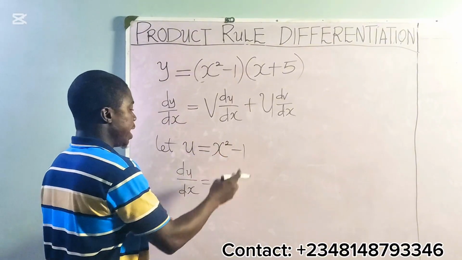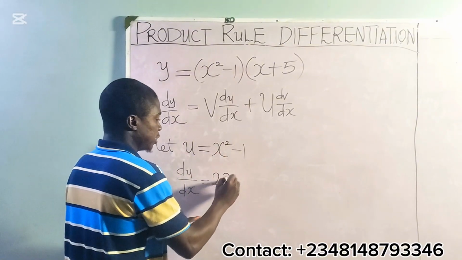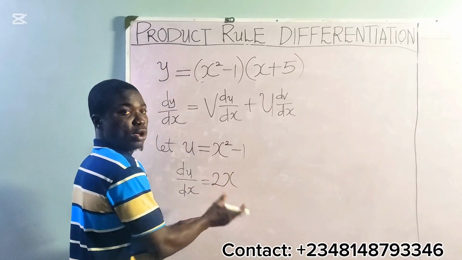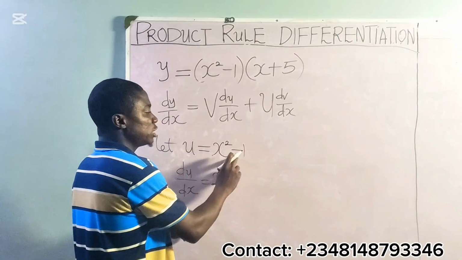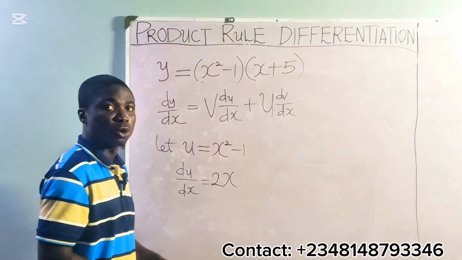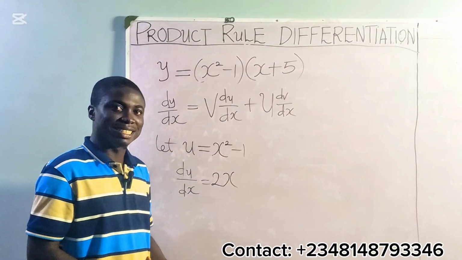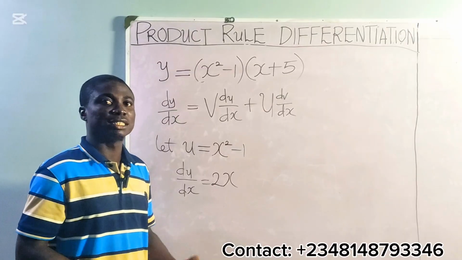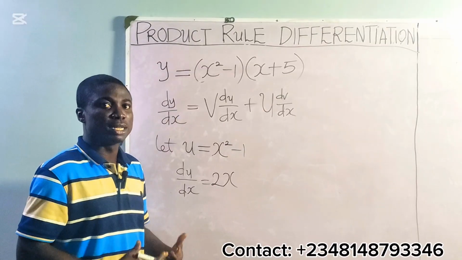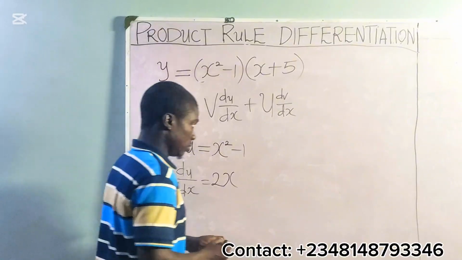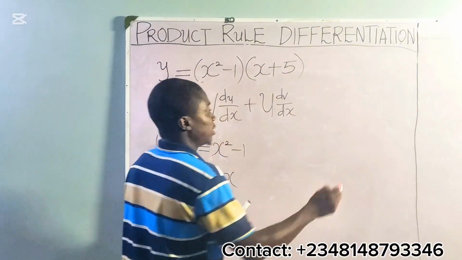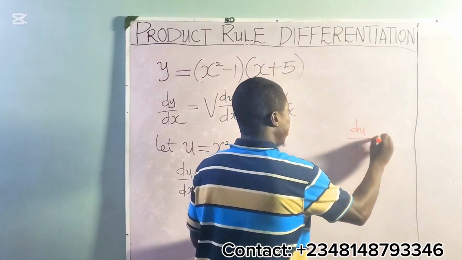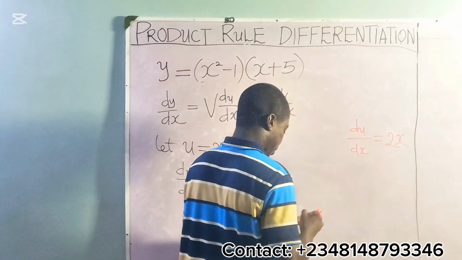So 2 multiplied by x is 2x, and 2 minus 1 is 1, so it's the same thing as 2x. If you differentiate 1, it would give you 0 because 1 is a constant. Take note of this: whenever you differentiate a constant, it automatically becomes equal to 0. So therefore, du/dx is equal to 2x.